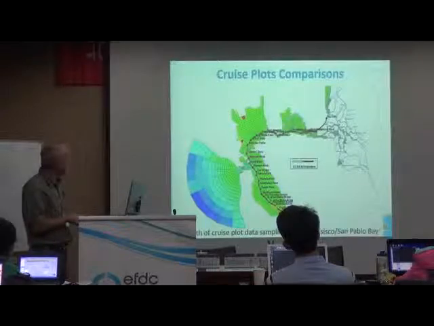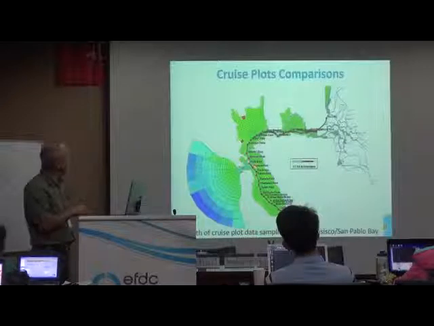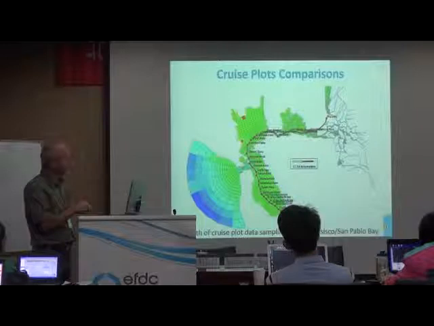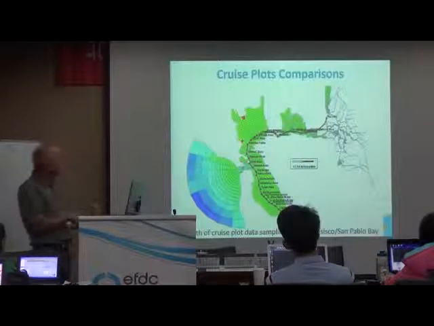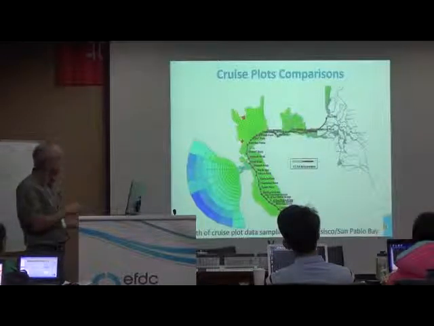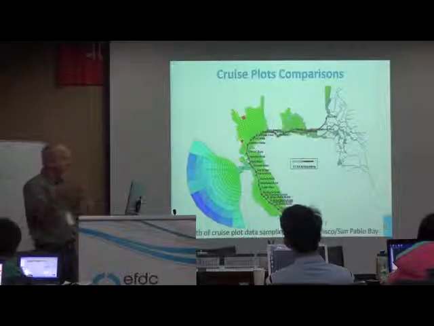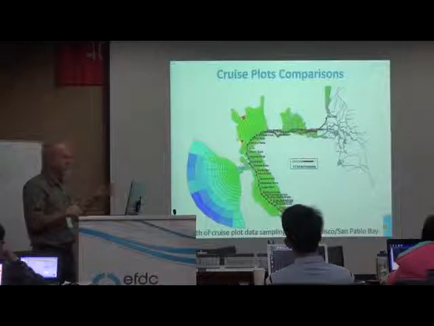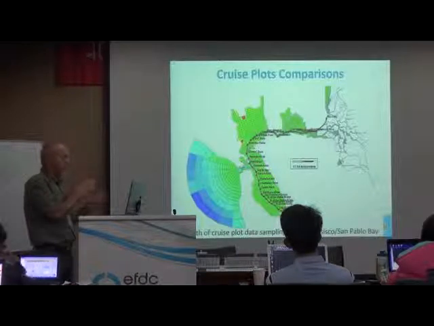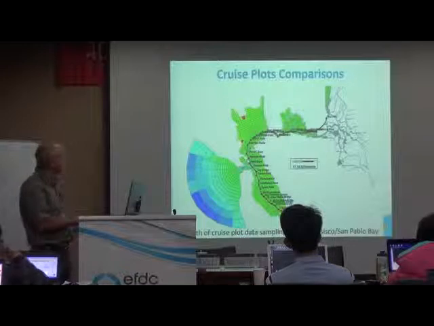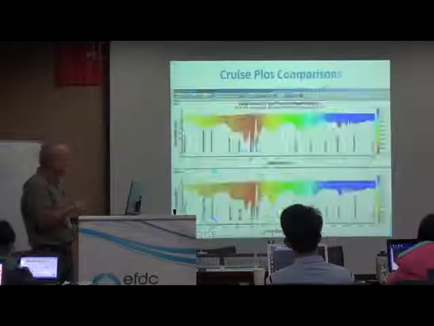I forgot which it is exactly, but they run from the South Bay up through the strait into San Pablo Bay and on up into the Sacramento River. And they do that, and of course it takes a little over a day, 12 hours to make this full run. And historically there wasn't an easy way in EFDC Explorer to compare this type of data to model results.